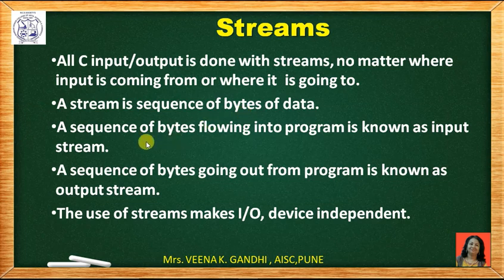A sequence of bytes of data flowing into a program is known as an input stream, and a sequence of bytes of data going out from the program is known as an output stream. The use of streams makes the program's IO device independent. Means the programmer doesn't have to write code for each input output device.